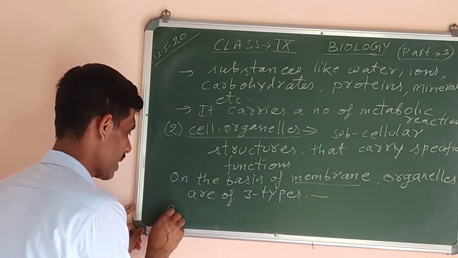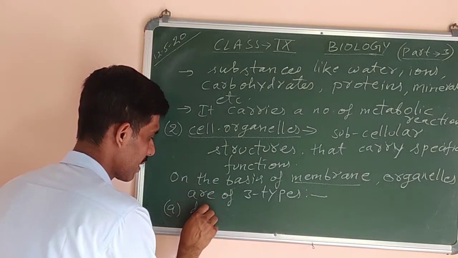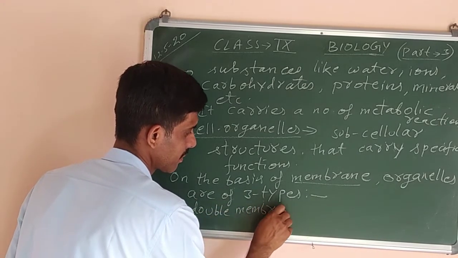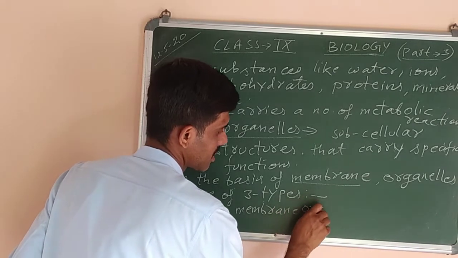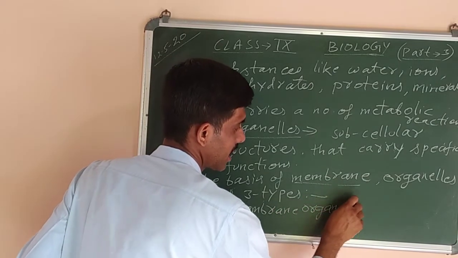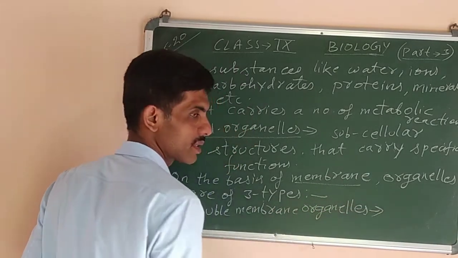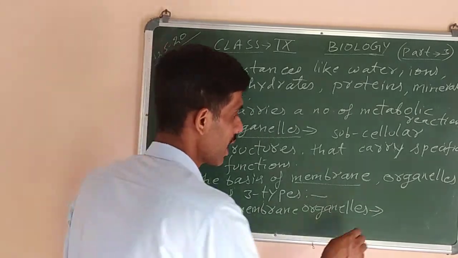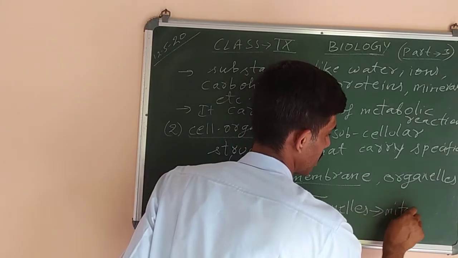What are they? Number A, double membrane. Double means 2 membranes are there. Double membrane organelles. Which cell organelles contain 2 membranes, outer and inner membrane? Only 2 are there. That is mitochondria and plastids.